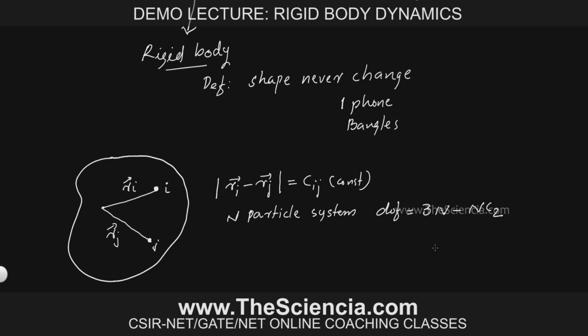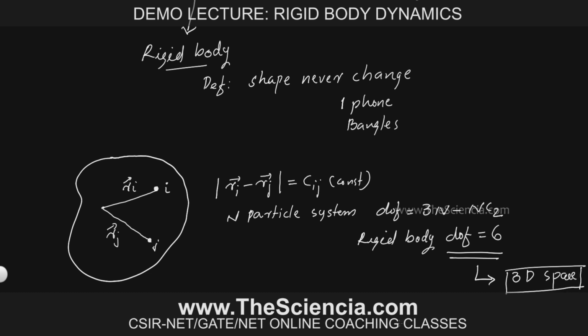And you know, for a rigid body, the degrees of freedom is equal to 6. And you must remember that this degrees of freedom of a rigid body is 6 only in the case of 3D space.